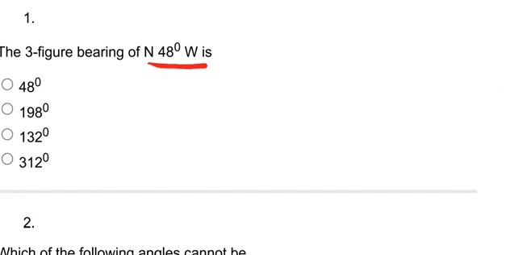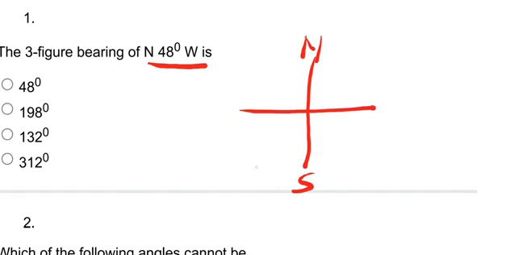So the first thing you do is to sketch this compass bearing, and in sketching it we have the north, the south, the west, and the east. So in compass bearing, you either start from north or start from south. You can move clockwise, and as well you can move anti-clockwise.